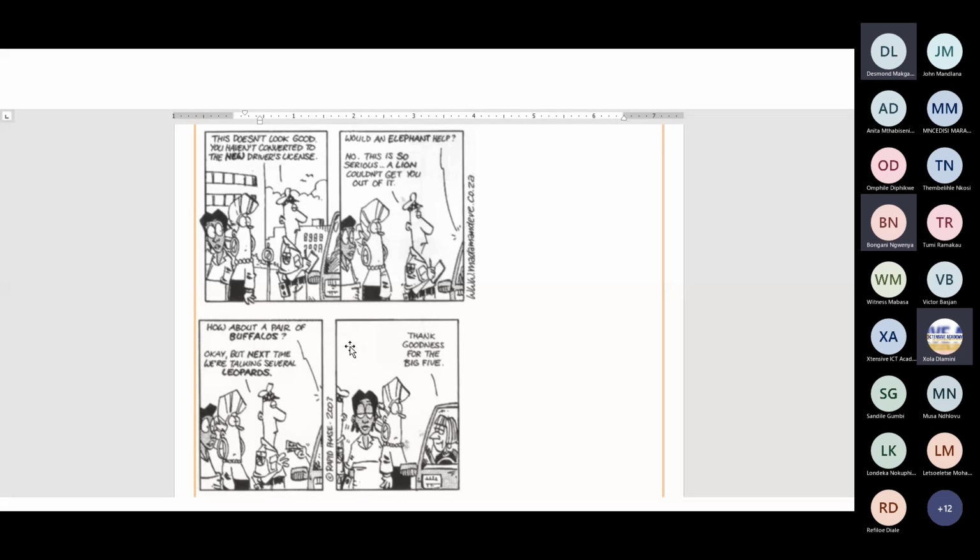I hear you mentioning also, you're saying, thank goodness for the big five. And I think you're using the term sarcasm around that one. Am I correct, Bongani? Yes, that's correct. They're poking fun at the fact that the Big Five is actually printed on our money from the 10 rand to the 200 rand note.